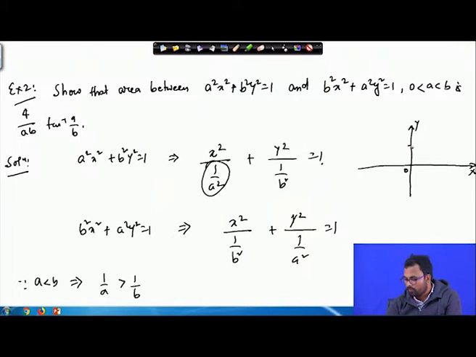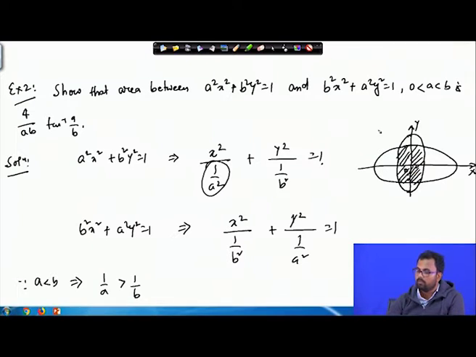So our first ellipse will look like this, and since 1/a² is greater than 1/b², this ellipse will be inverted. So something like this. So the area bounded between them is this much.